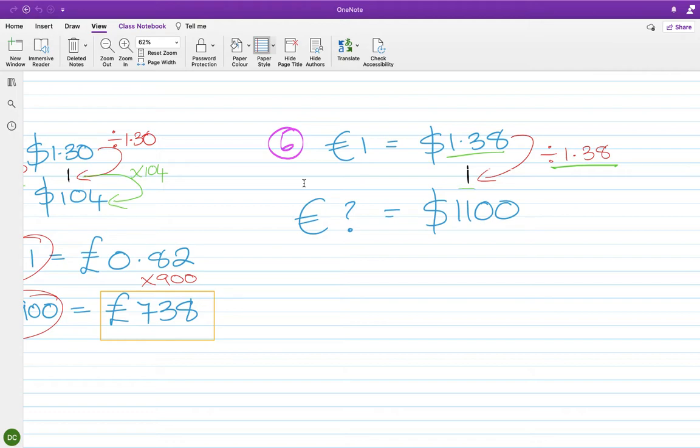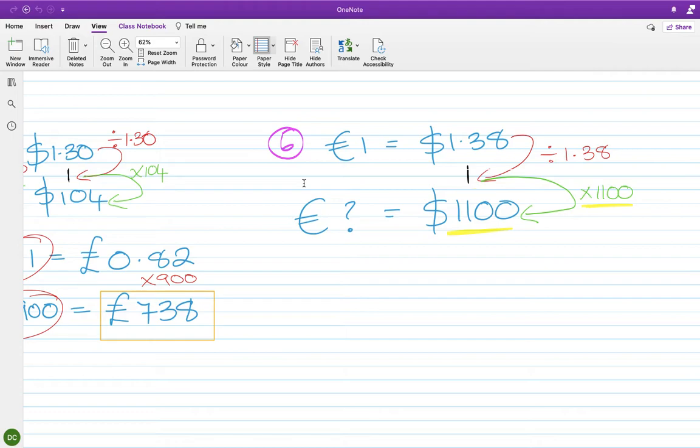Then we need to go from 1 to 1,100. So we do that by multiplying by 1,100. And again, that makes sense because 1 multiplied by 1,100 equals 1,100.